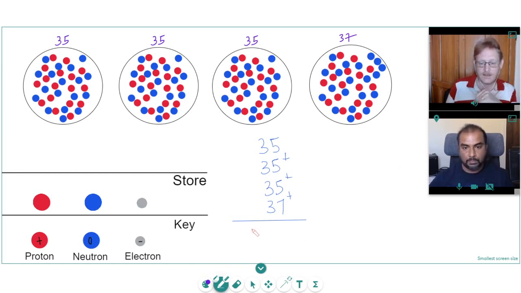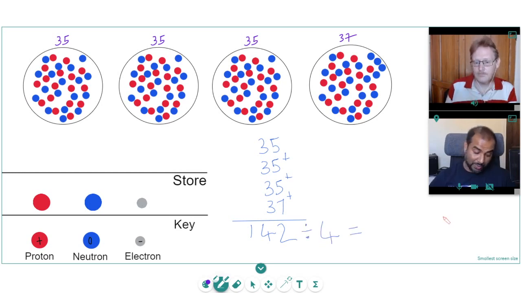Excellent. So we know altogether here on this page, if we were to add all these particles up, we would get 142 protons and neutrons. And then to get the average, we know we've got 4 nuclei here, so we would just divide that by 4. Very reassuringly, my calculator tells me 35.5.